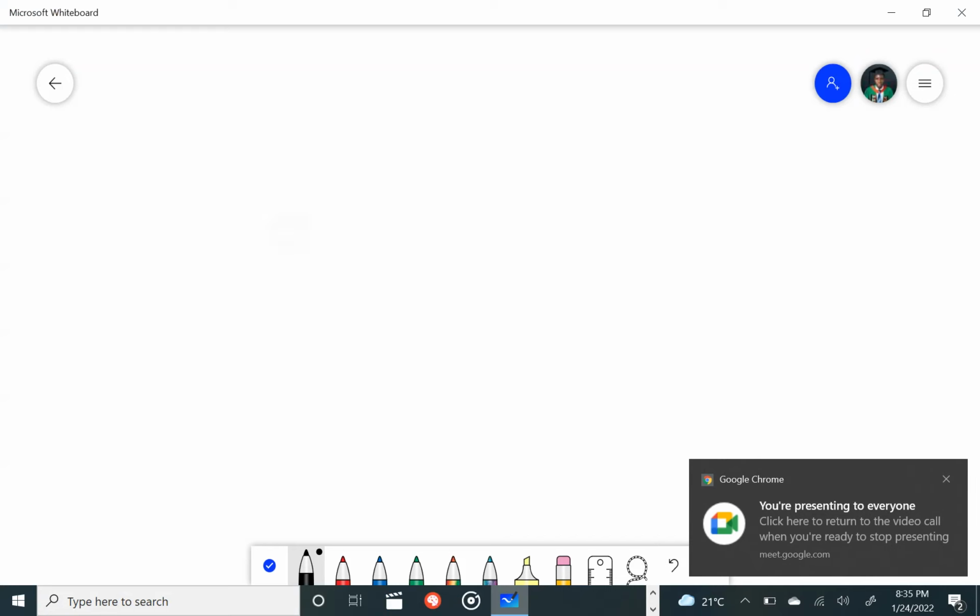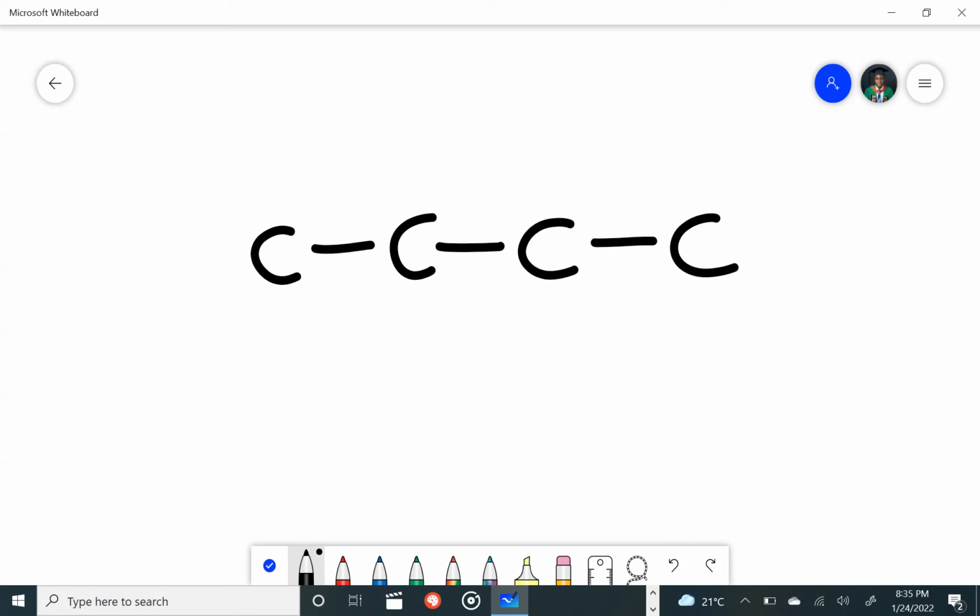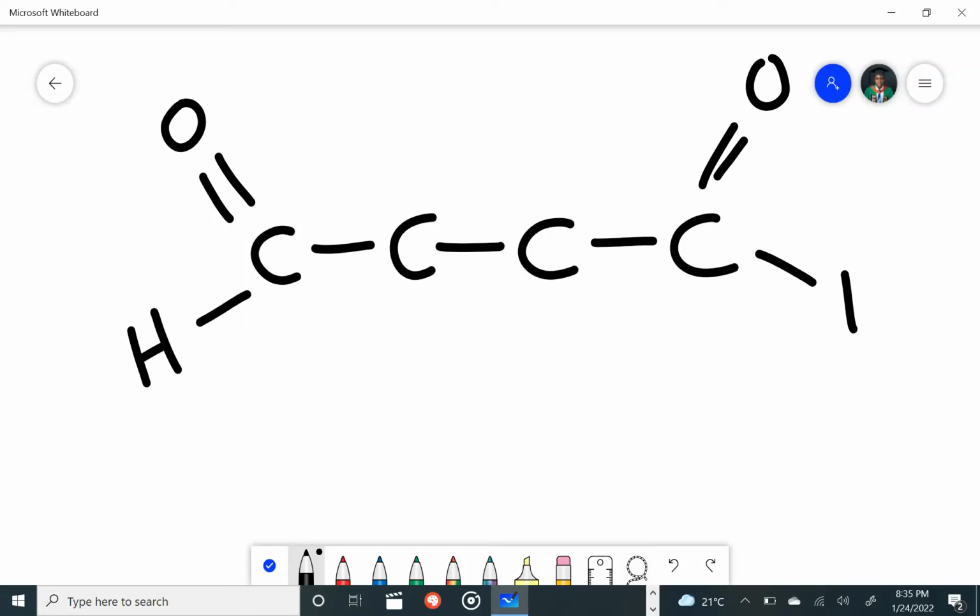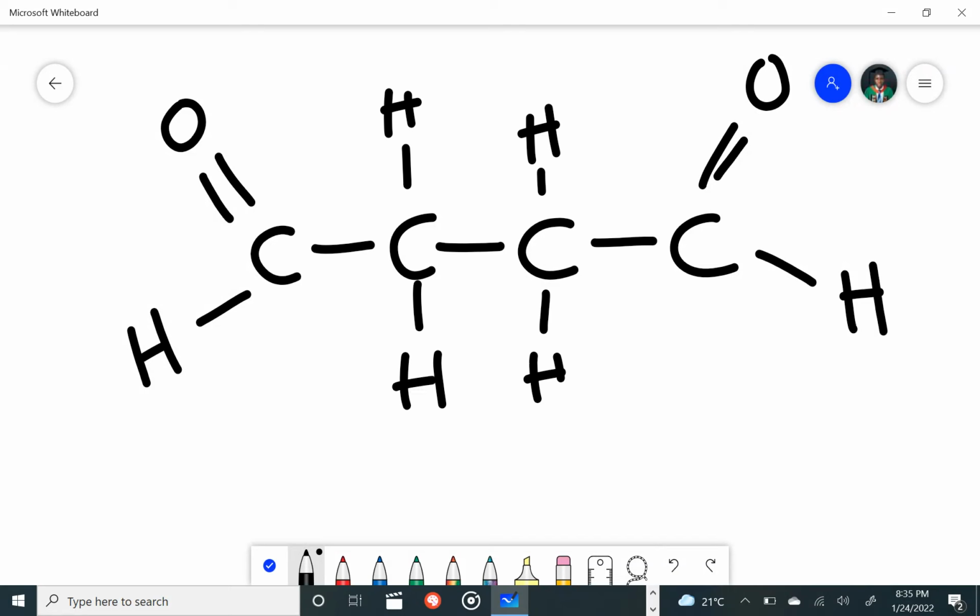For instance, if you had a compound such as this, okay, so this is possible.